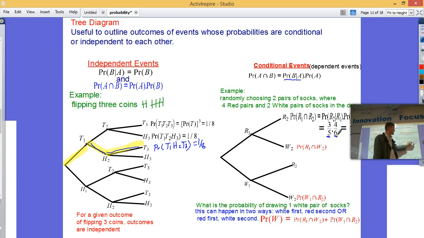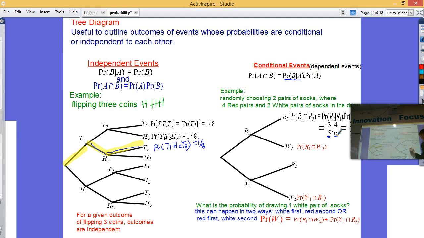So 3 out of 5 for the conditional factor, probability of red 2, given that red 1 has occurred first. Okay, so we need to be able to consider what is left over in the sample space after we take one away, and how many of the outcomes we have.